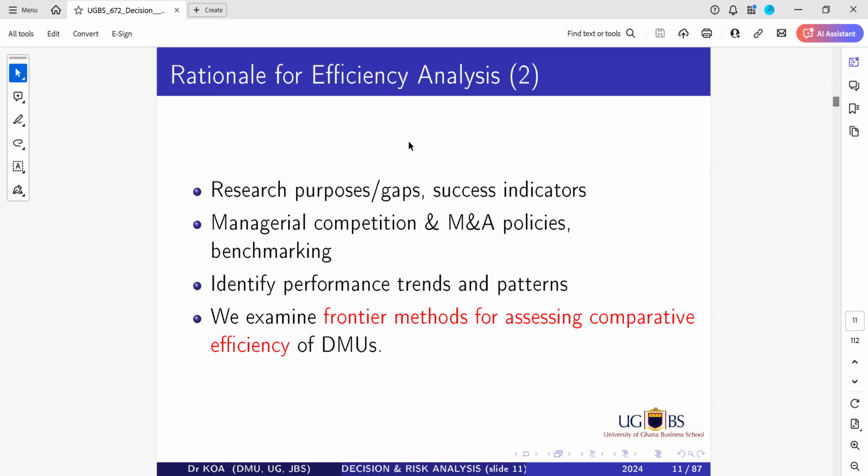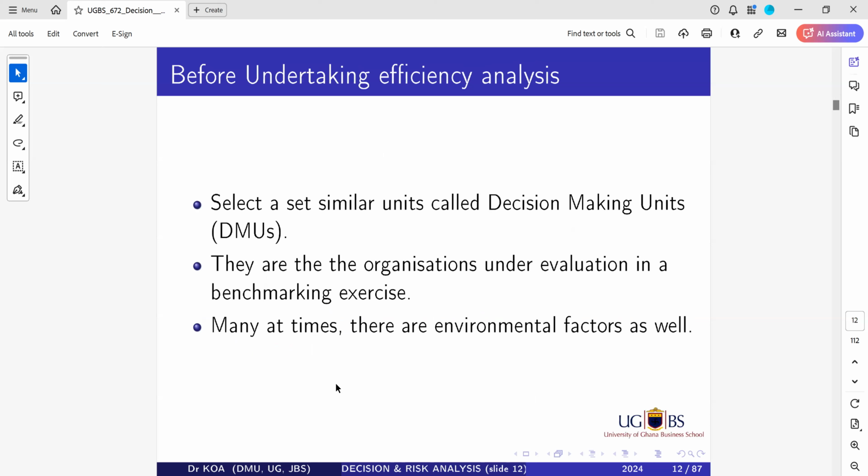The firms, the companies, the organizations, they are called DMUs, decision-making units. Those are the ones that we are going to study.